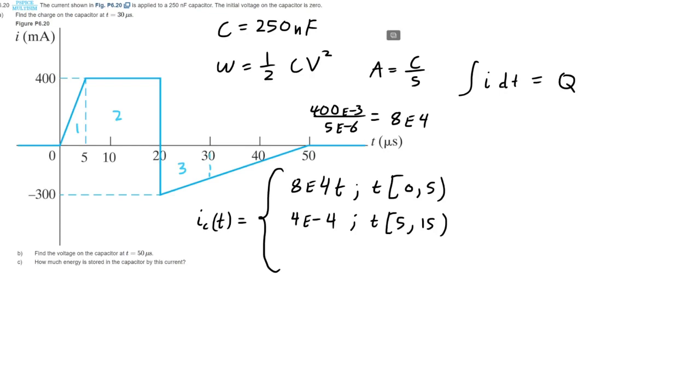For the rise over run, we get minus 300 over 30 micro. That's 10,000. And then there's the minus half from, because this is a linear function, it's going to go minus half milliamp.